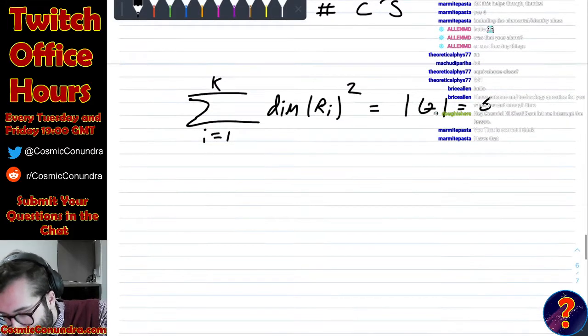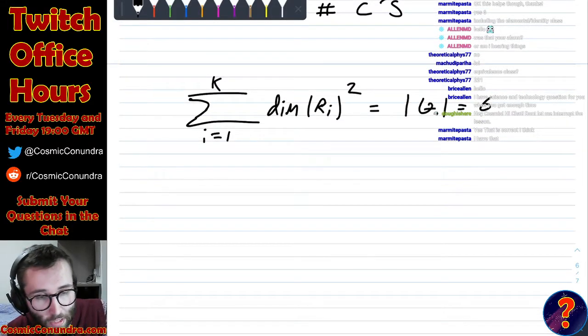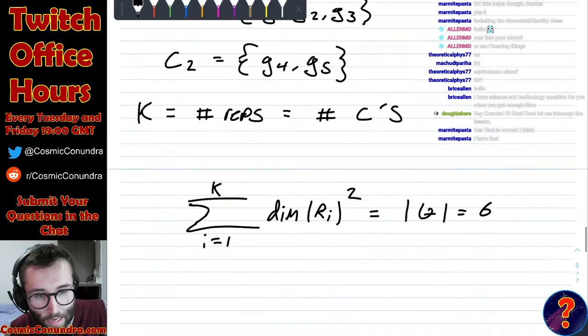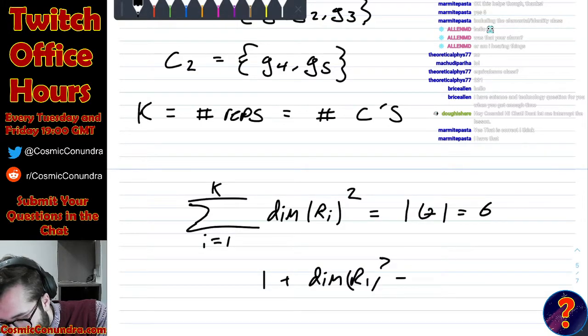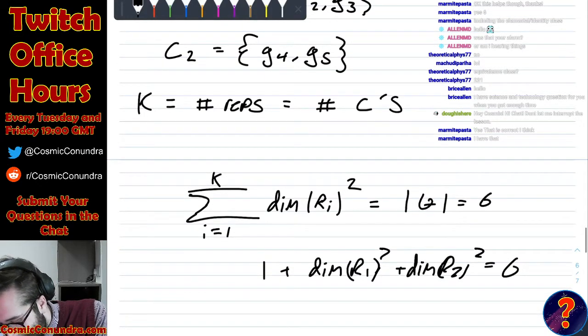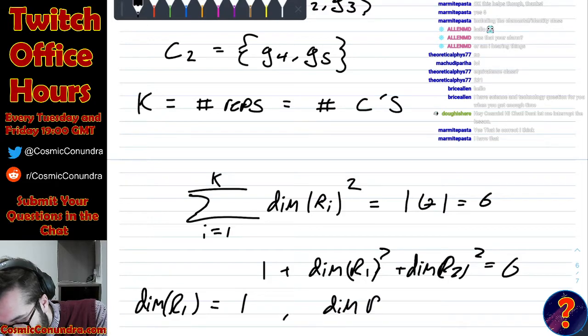We showed this was 6, and as we said earlier, we always have this trivial representation R0, which has dimension 1. So we've got 1 plus the dimension of R1 squared plus the dimension of R2 squared is 6, and that therefore told us that the dimension of R1 was 1 and the dimension of R2 was 2.